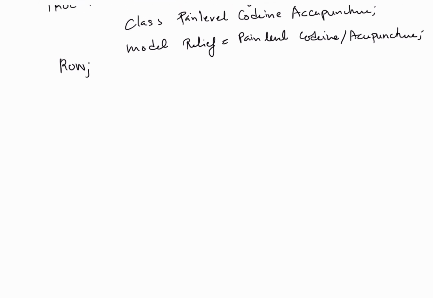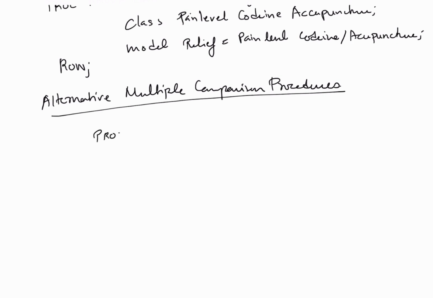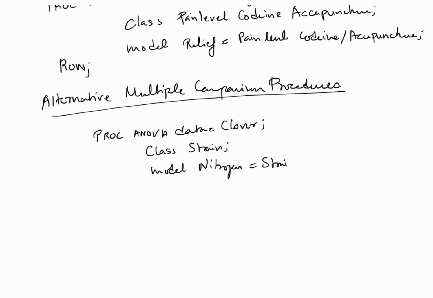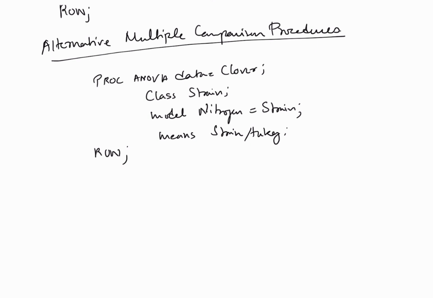So for the alternative multiple comparison procedures, you can write it down as PROC ANOVA data=clover; class strain; model nitrogen=strain; means strain / snk; run.